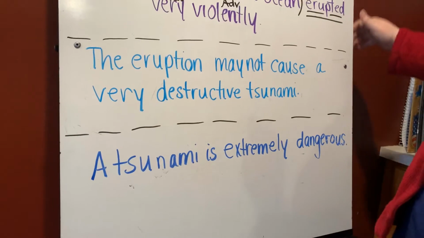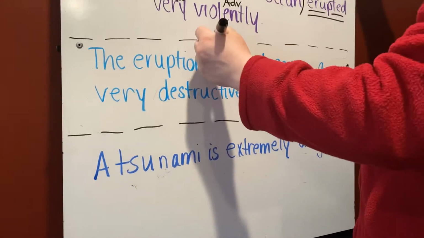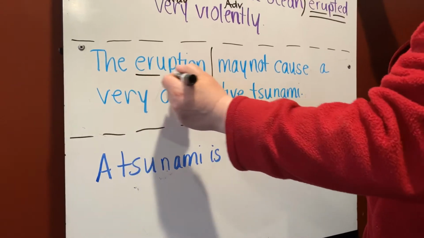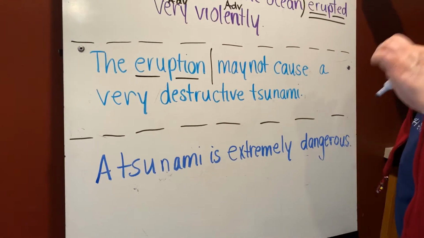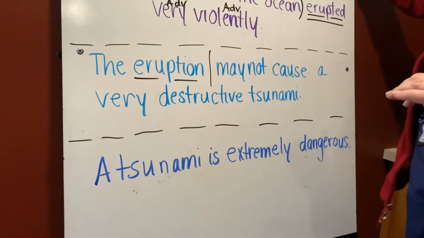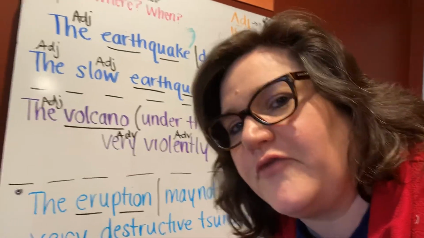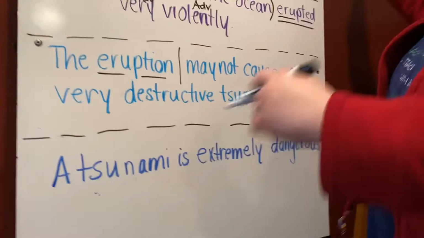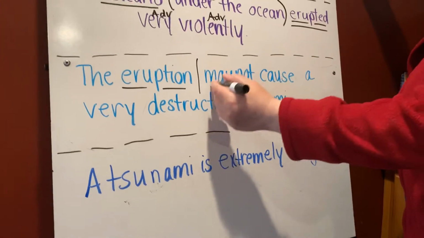Okay, where does your sentence split? It splits right here. And what is your subject? Your subject is eruption. What is our verb phrase? Now, earlier this year, I would say there's a word in there that's not part of your verb phrase, but we don't know what it is, and someday we will. Well, today's that day. Okay. May not cause.